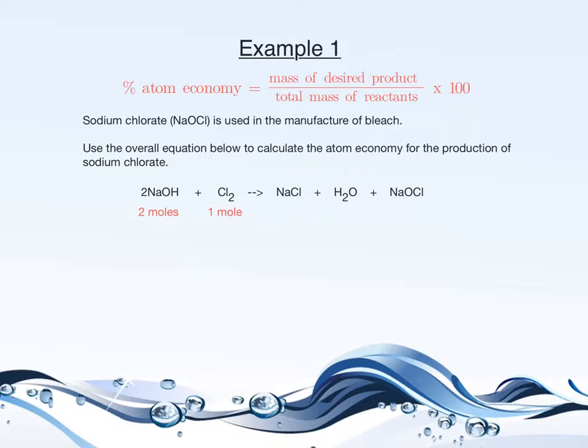So in this example, we have 2 moles of sodium hydroxide, 1 mole of chlorine for the reactants, and for the products we have 1 mole of sodium chloride, 1 mole of water and 1 mole of sodium chlorate.